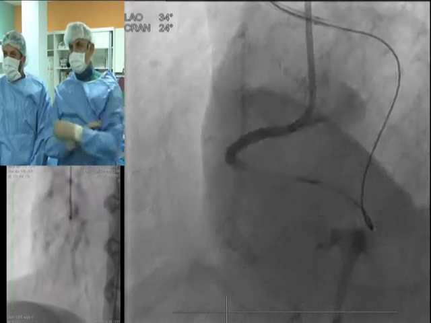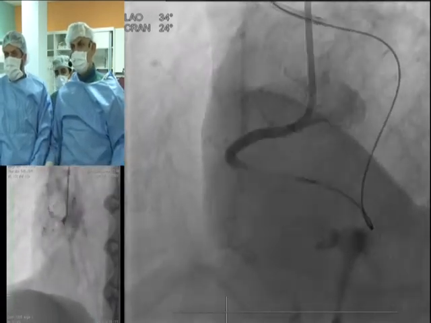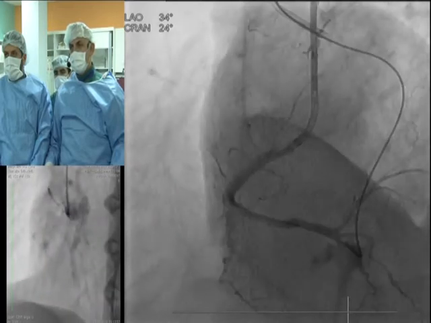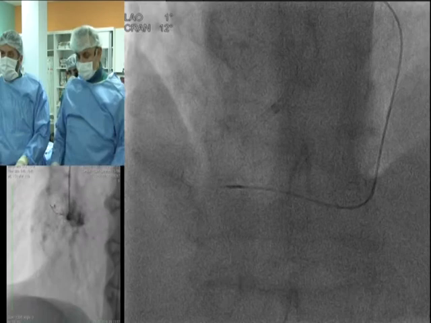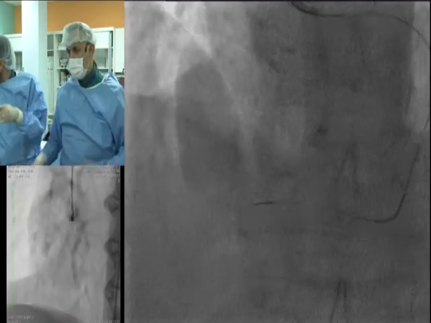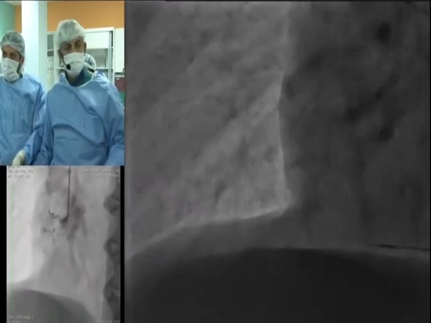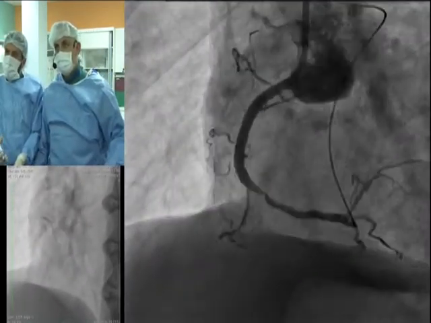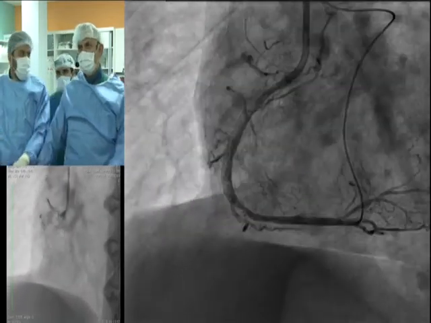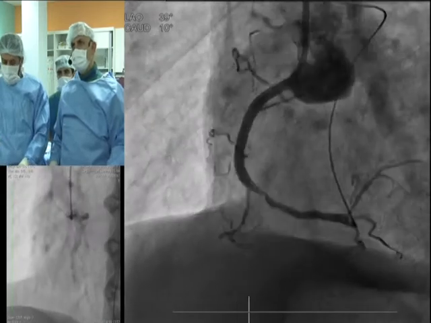I am not sure what I do. There is a disease part there. Can I see from normal left? I like to have the view from the left again. Yeah, there is some spasm there, I think. Let's do a nitrate.